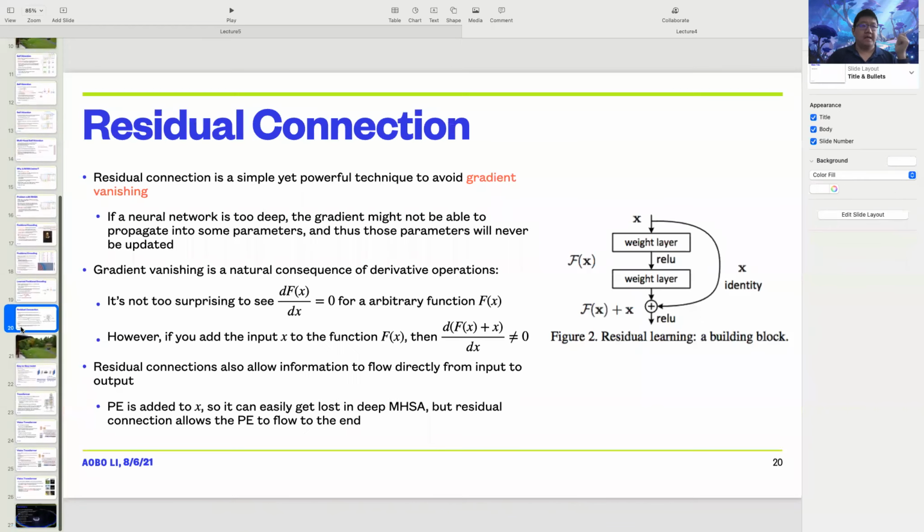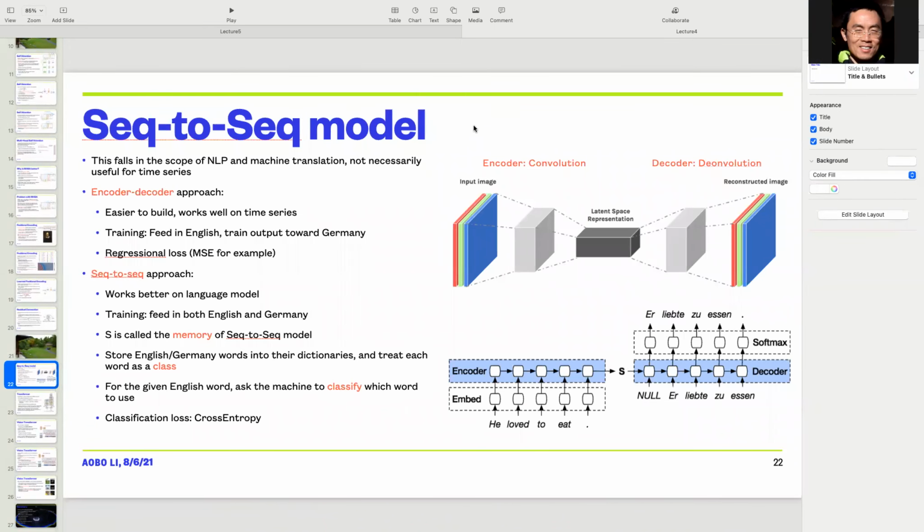Oh, sure. Basically, the idea of memory comes from this idea of the sequence-to-sequence model. During the training stage, you feed both the sentence in English and German together into this encoder-decoder approach.